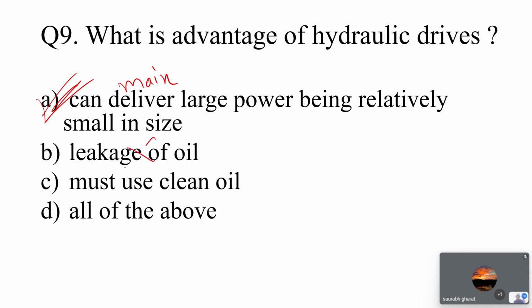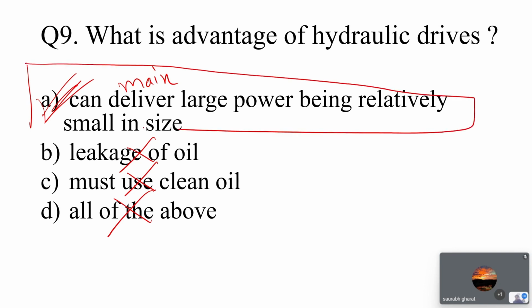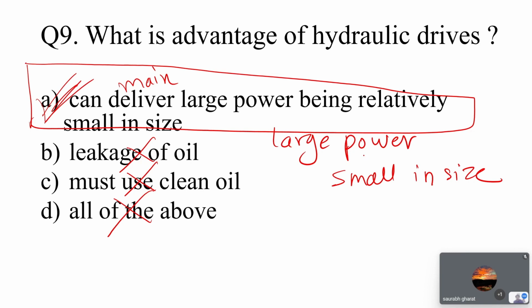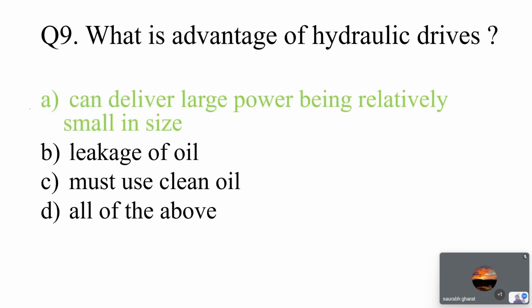And leakage of the oil can be an advantage? That is not the answer. So this is the main objective: large power with a relatively small size. This combined part is your main objective. So this option is correct.